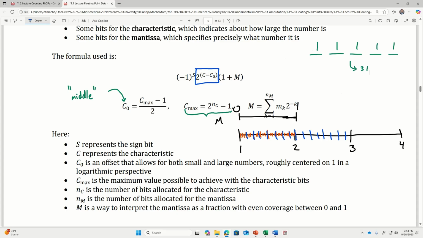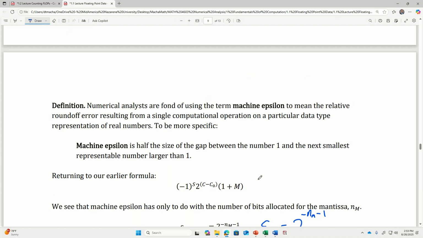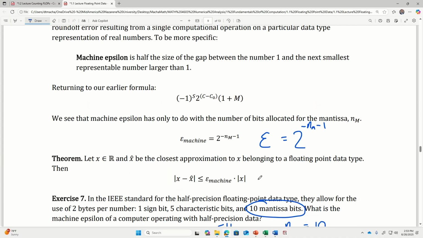And this is a really important vocabulary word. When we talk about machine epsilon, it is a measure of relative error.